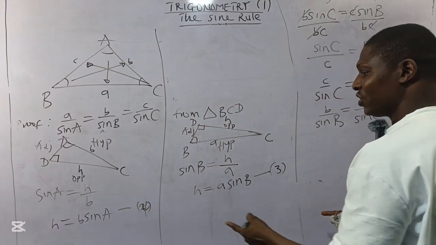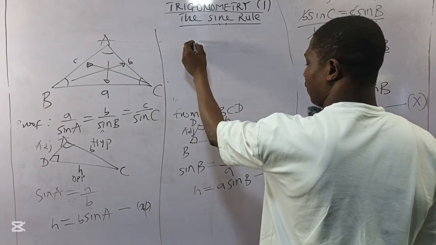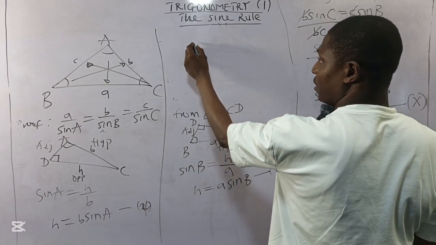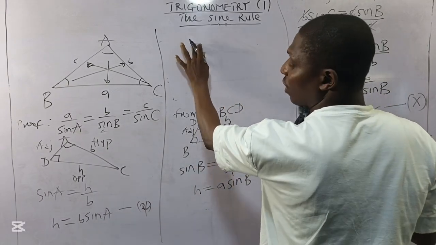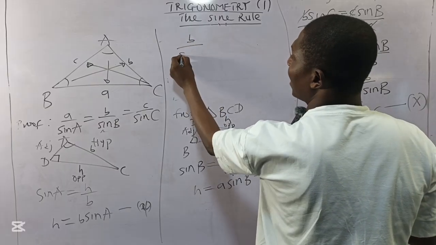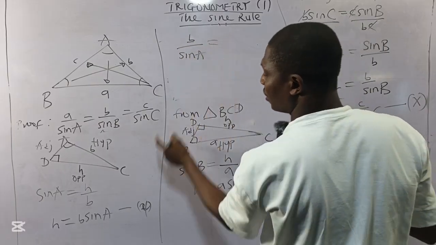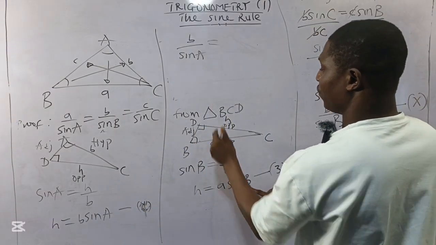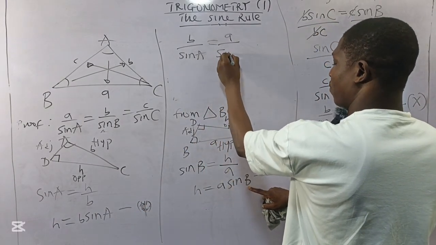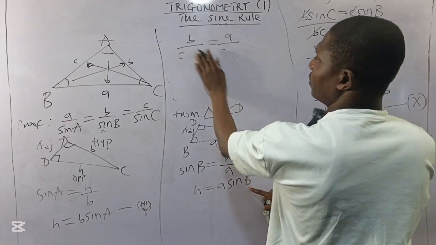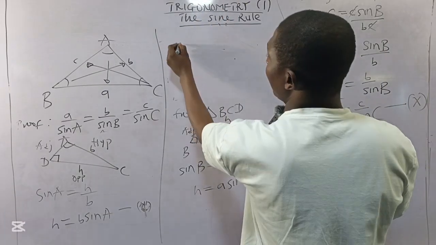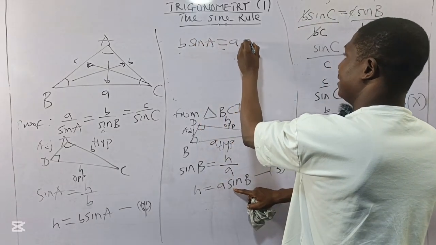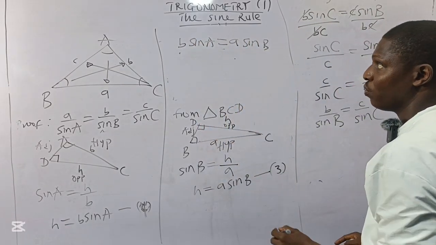If I equate 3 and 4, since H are equal, I will have b sine A, equation 4, to be equal to that of equation 3, a sine B, since H are equal.